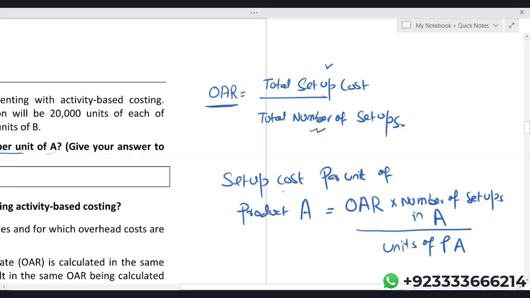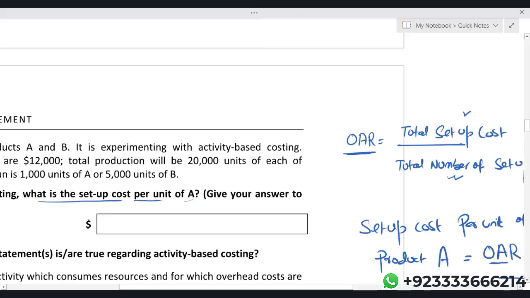Then setup cost per unit of product A: overhead absorption rate per setup multiplied by number of setups required in product A. The numerator gives the total setup cost which relates to product A, divided by units of product A. You will get the answer. So let's first calculate the overhead absorption rate per setup.